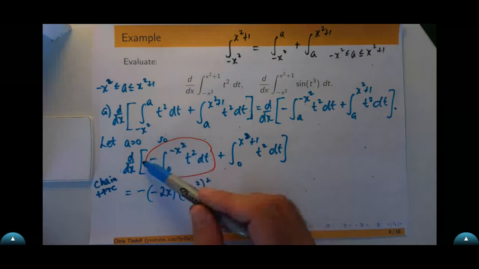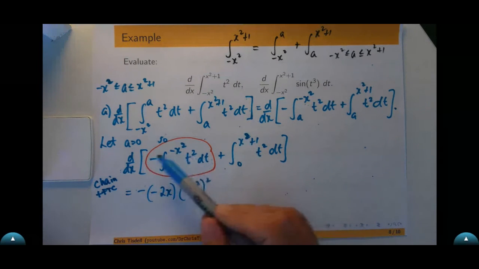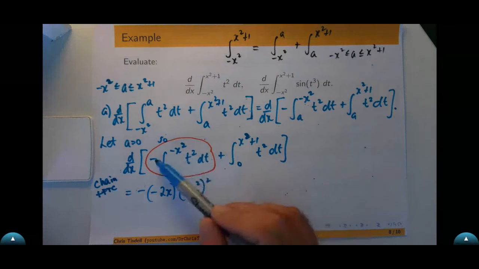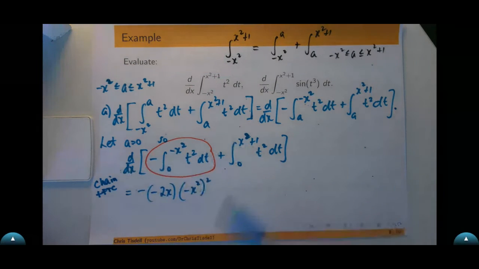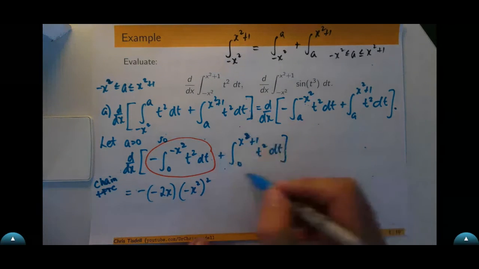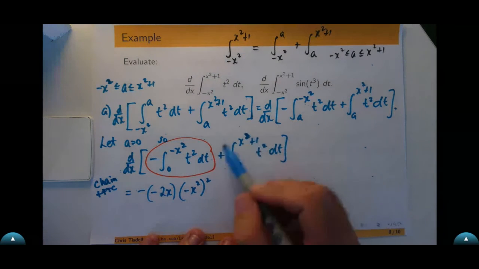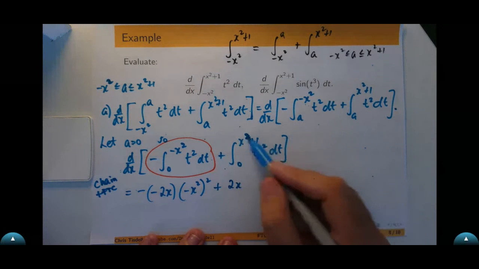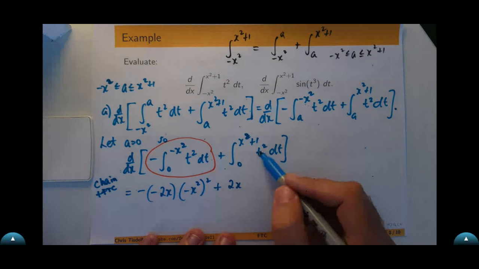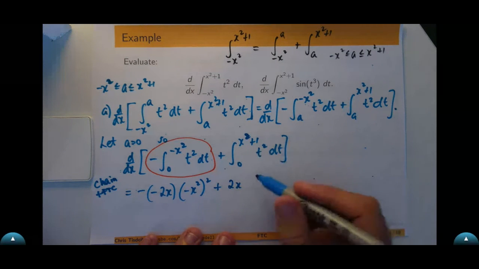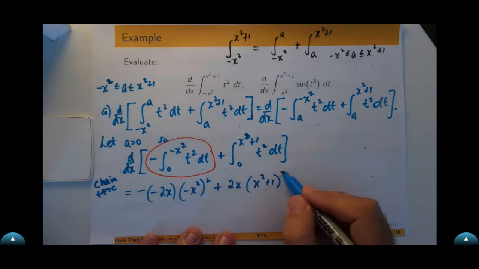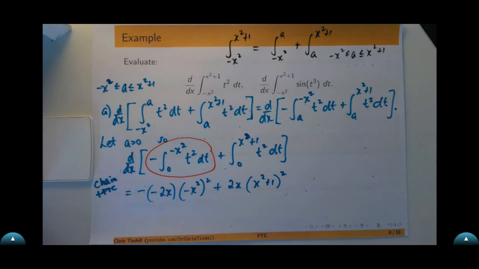Okay, the derivative of this comes to the front. This replaces x in here, and the integral and derivative sign disappear. Okay, same with this one. The derivative of this comes to the front. This whole thing replaces t.